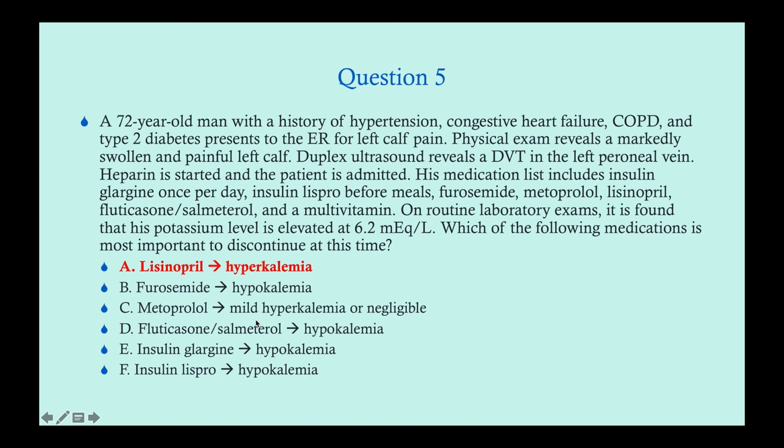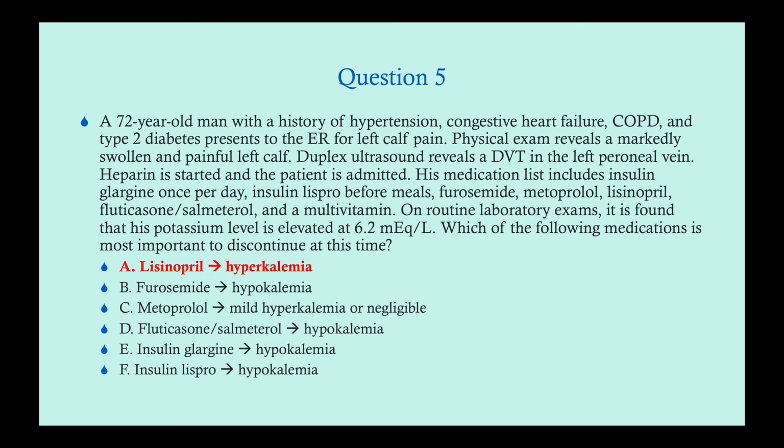Metoprolol, I included in here because I wanted to point out that it's probably negligible, but it can cause a mild hyperkalemia. If you do enough reading, you'll probably run into an article or two that says metoprolol can cause hyperkalemia.